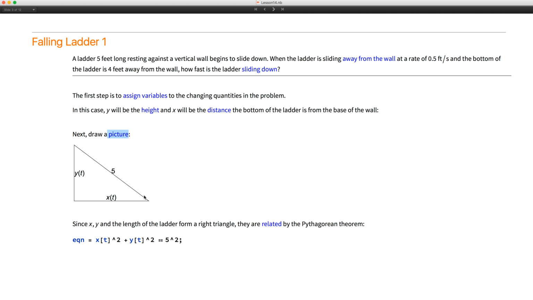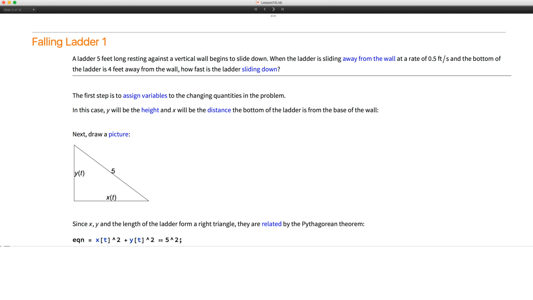Now, to find a relationship between x, y, and 5, you recall the Pythagorean theorem from geometry, which says x squared plus y squared is 5 squared.